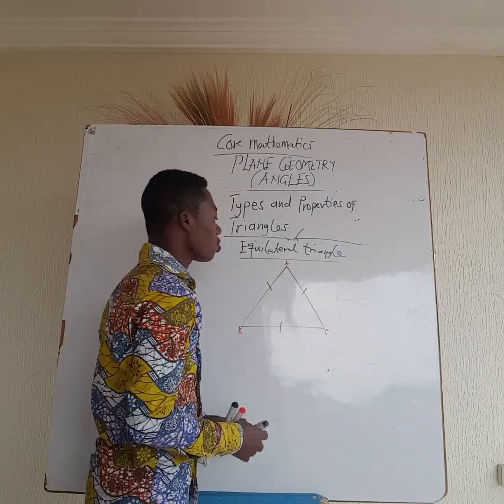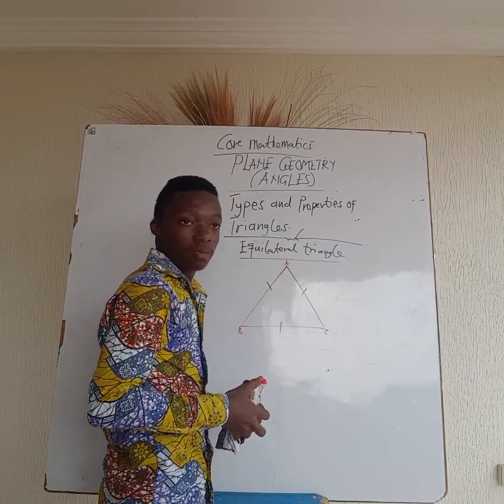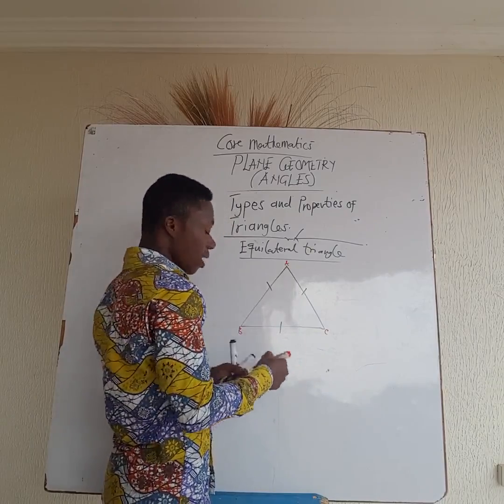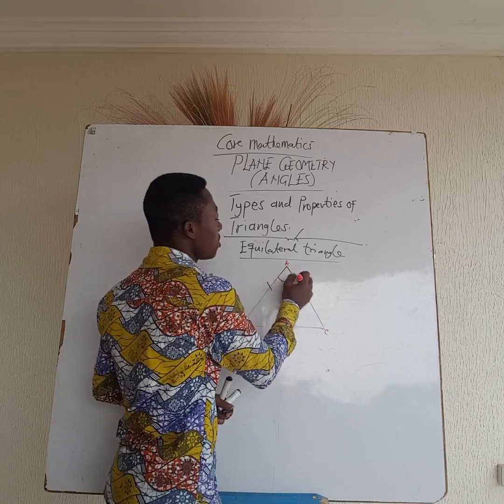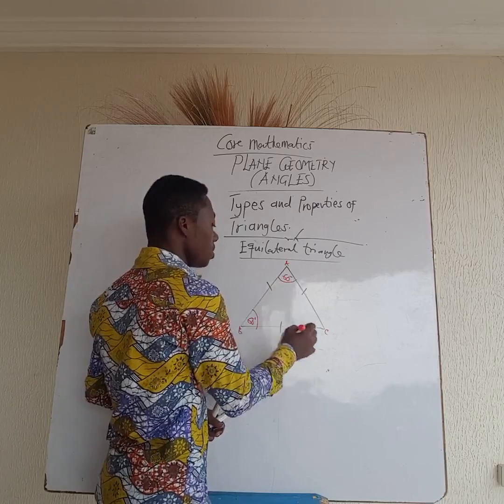Good. Then also the interior angle of each equilateral triangle is what? 60, because they are equal. Each is having an angle of 60 degrees.